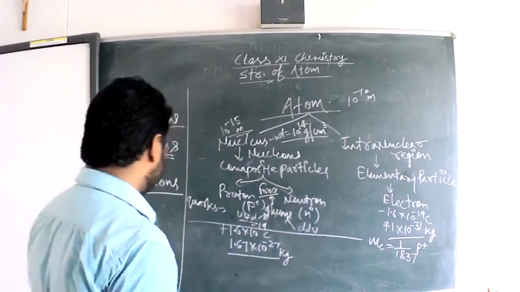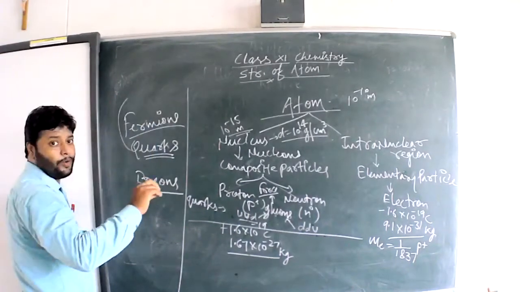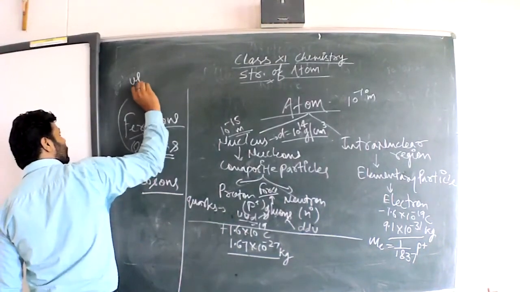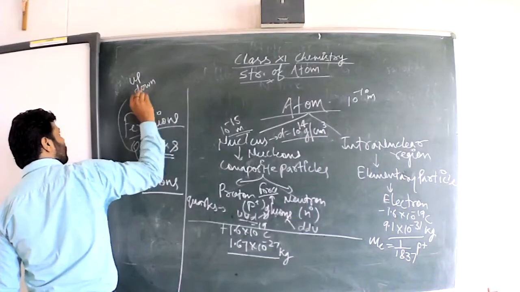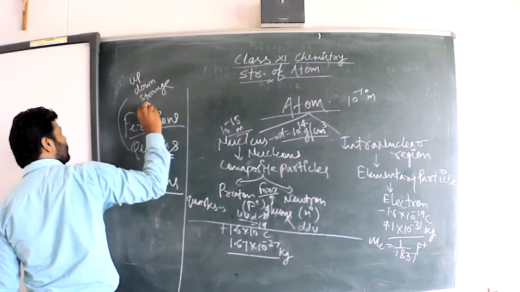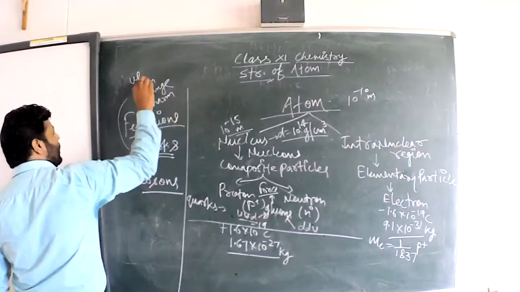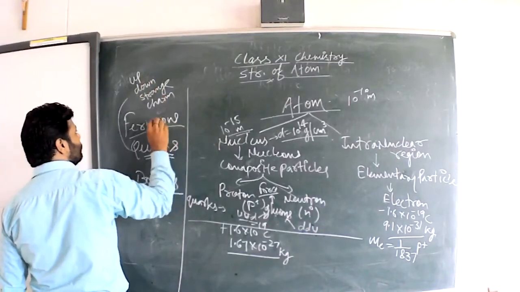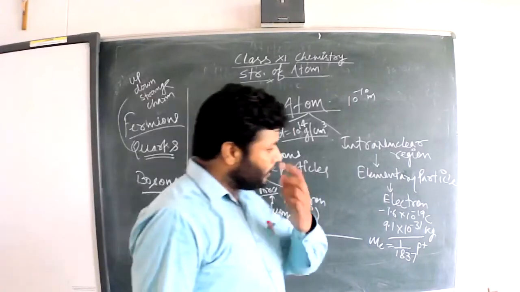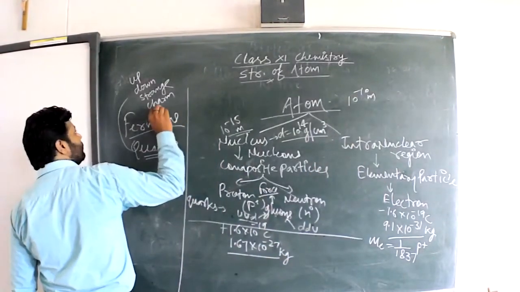Class, there are basically different quarks. I'm writing here: up, down, strange, charm, and some others, bottom and top.